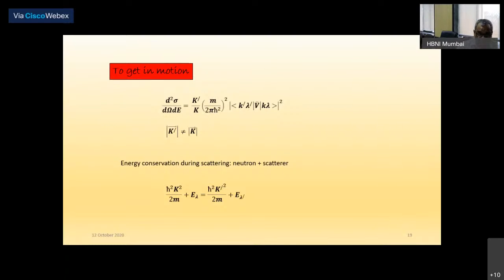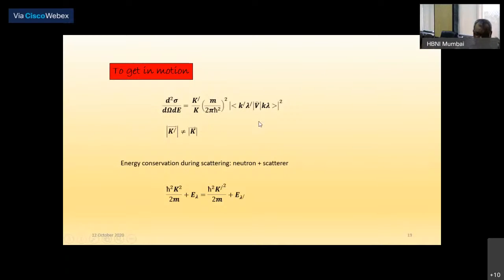If you remember, this is what I showed you, that we did the Fermi golden rule and Born approximation. Basically, an initial state k lambda goes to a final state k prime lambda prime under the effect of a potential. I do V with an operator.